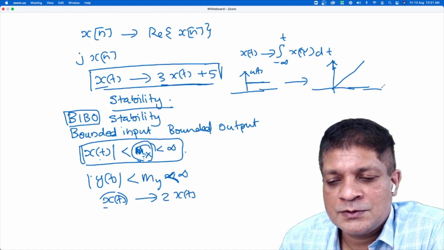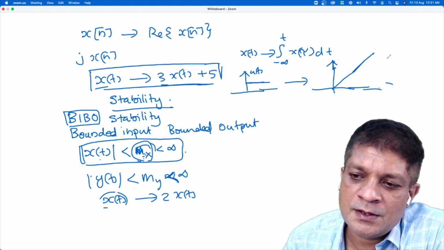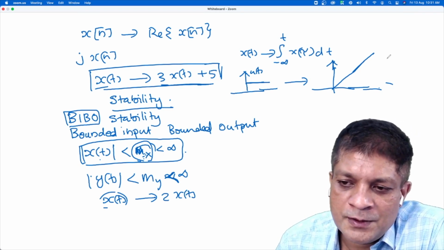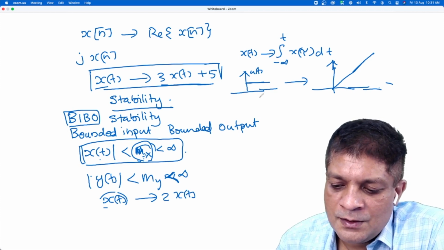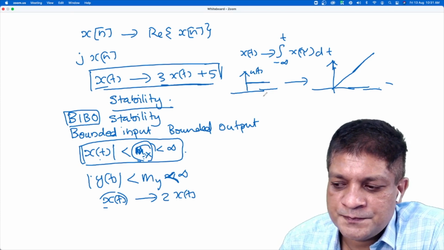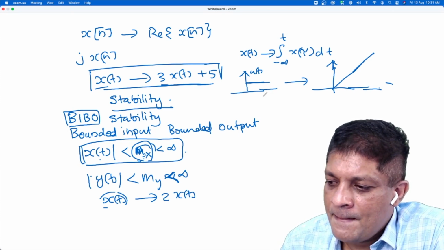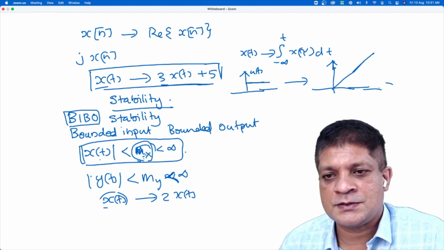No, sir. It is not bounded because as t tends to infinity, its amplitude tends to infinity, isn't it? So it is not a bounded signal. So this is not a stable system. Any question regarding the stability of a system?